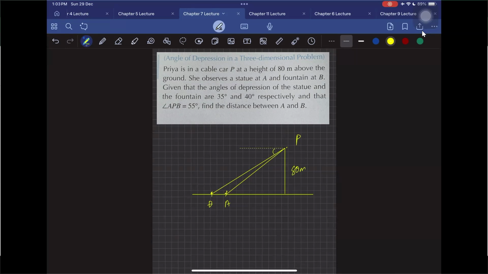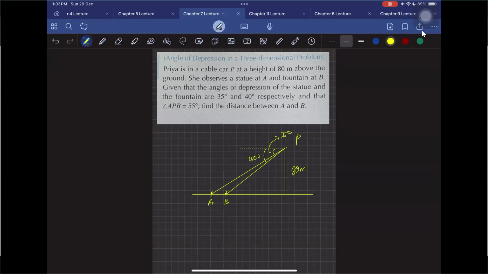So you have this angle and this angle. So this one should be 40 degrees, and this one should be, sorry, 35 degrees. Hence, the 35 degrees one is A and the 40 degrees one is B. Hence, this should be B and this should be A. Okay, so do take note of this.